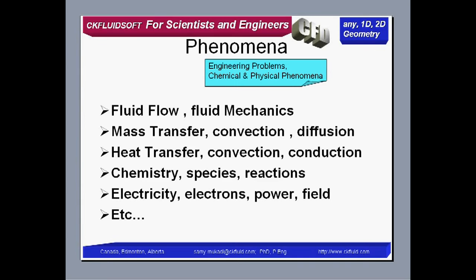They may include heat transfer, convection and conduction included. And they may include the chemistry, which is chemical species and reactions among those species included. It could also be from electricity, which would include the transfer of electrons, the production of electric power, and the magnetic field, and even more than that.